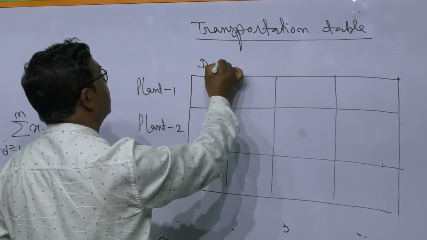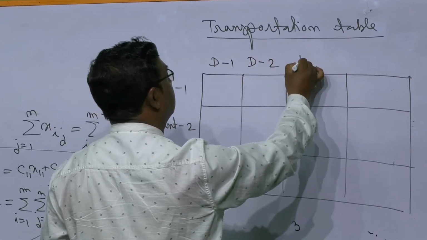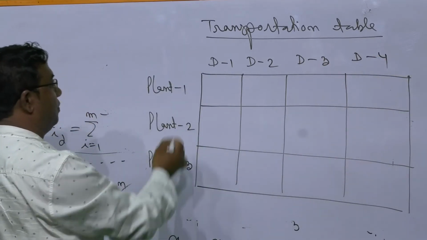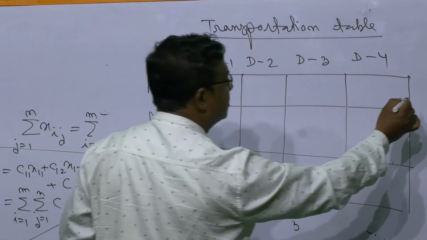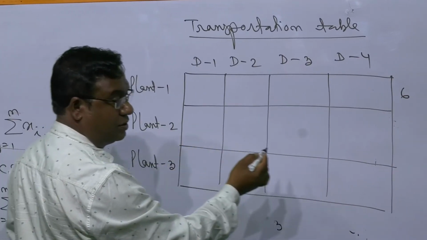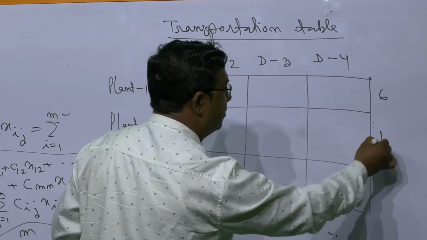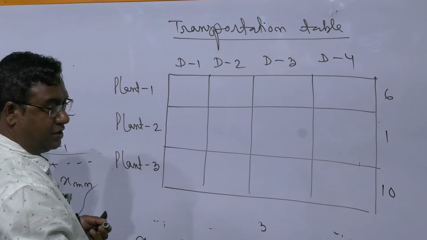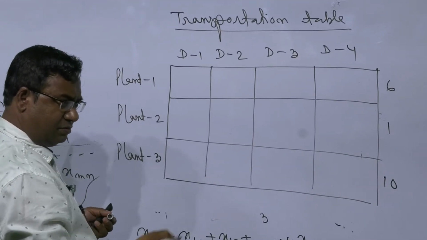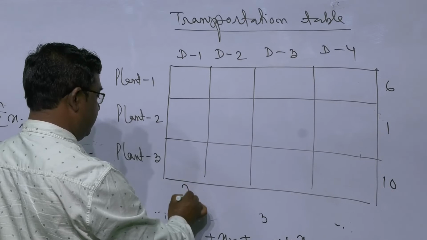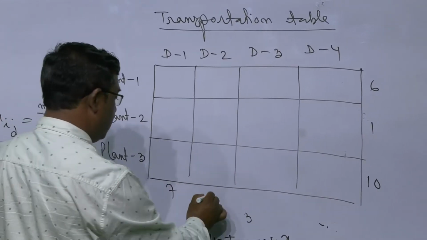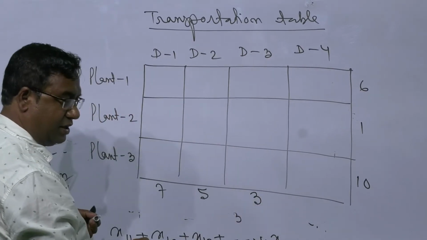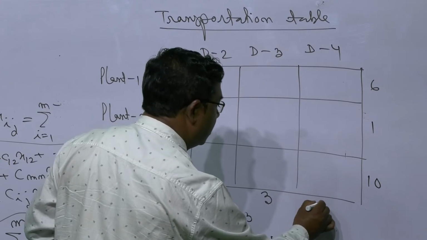Then distribution center 1, distribution center 2, distribution center 3, distribution center 4. So plant 1 produces 6 million liters, plant 2 produces 1 million liters, and plant 3 produces 10 million liters. And distribution center 1 requires 7 million liters, distribution center 2 requires 5, distribution center 3 requires 3 million liters, distribution center 4 requires 2 million liters.